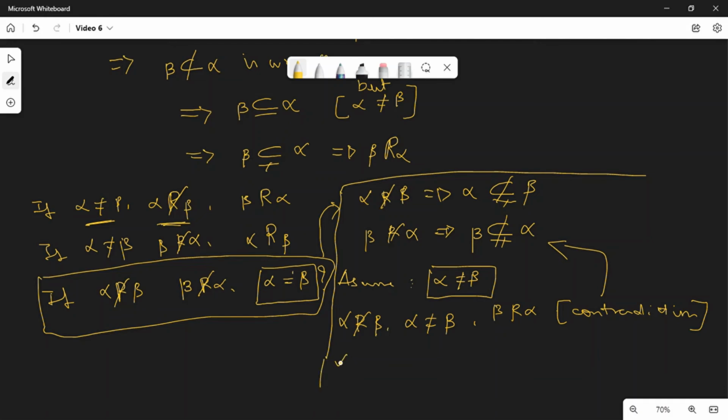Okay, let's pair it with the other one. Beta is not related to alpha and alpha is not equal to beta. Again, this will help us to show that alpha is related to beta. This is also a contradiction. So all these three hold good.